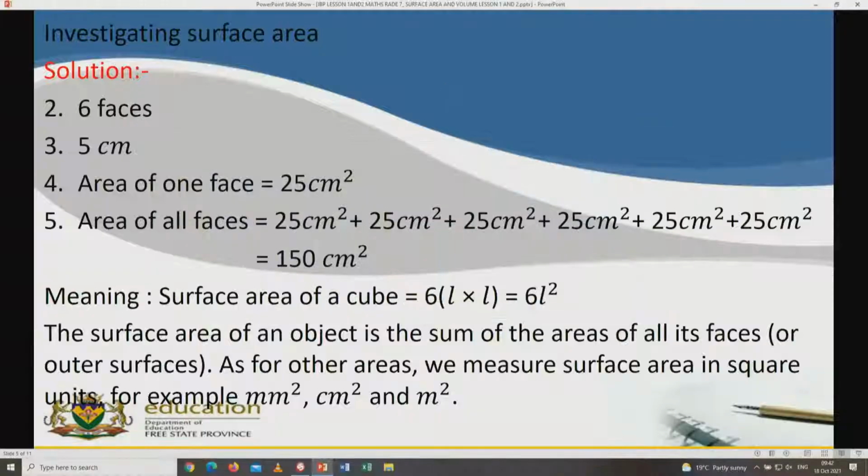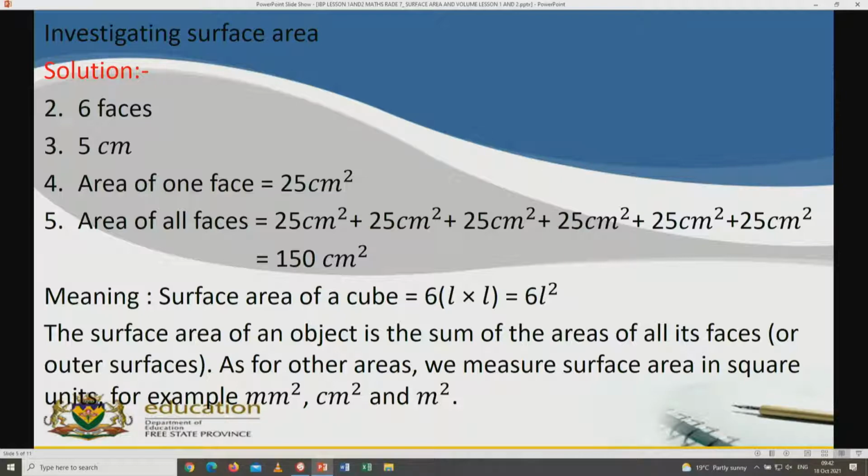That is why we are having here 6 multiplying L by L, which now results into 6L to the power of 2, or 6L squared. I think this is clear. Now, as we summarize, the surface area of an object is the sum of the areas of all its faces, or the outer surfaces.